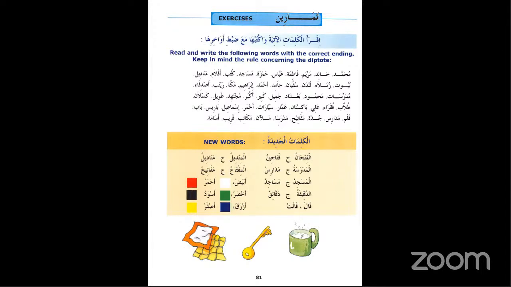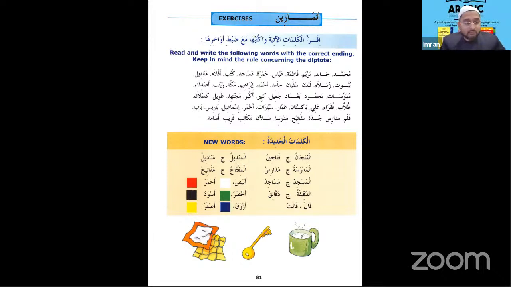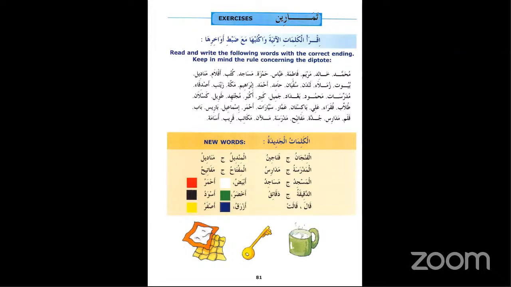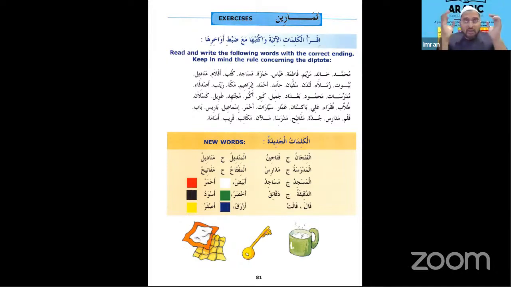Thank you. Brilliant. Sister Tahira? Yes, Assalamu alaikum. Alaikum salam. Is it clear? Let me explain to you. In summary, you can write this down. Diptotes in the nominative case receive a dhamma, and in the accusative and genitive case, it receives what?